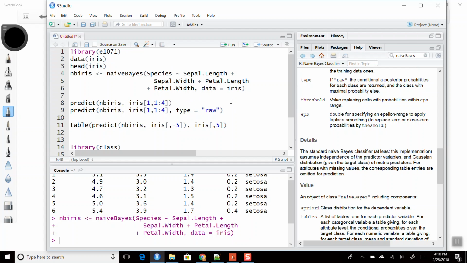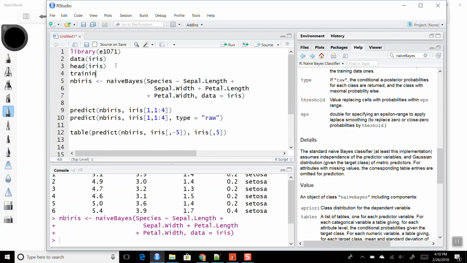But maybe I could create a training set to be a subset of iris, where we sample 120 of the 150 or something.